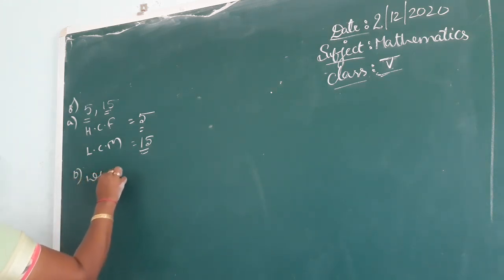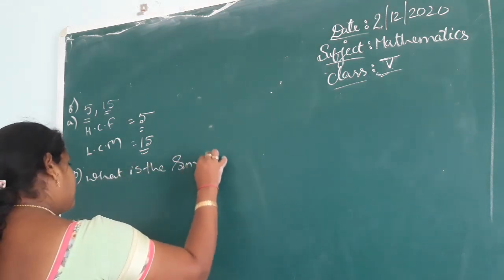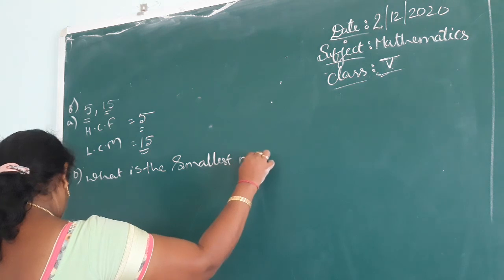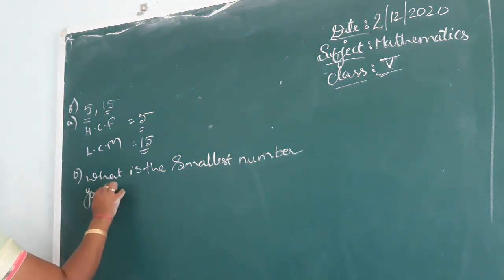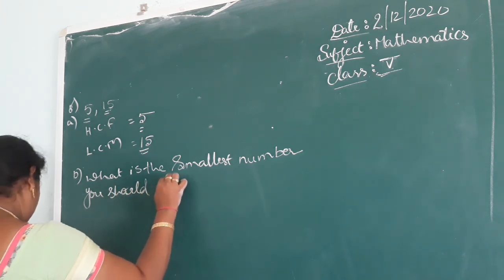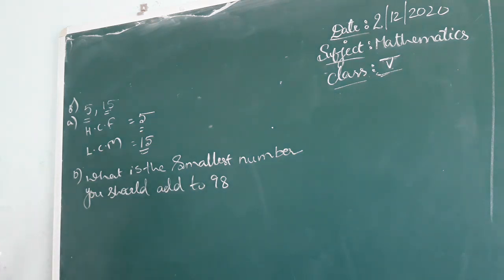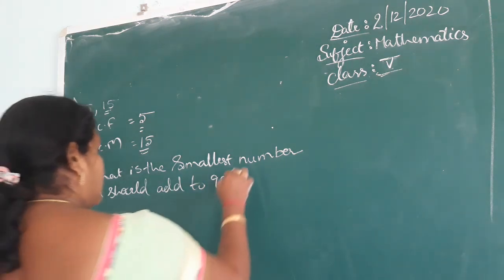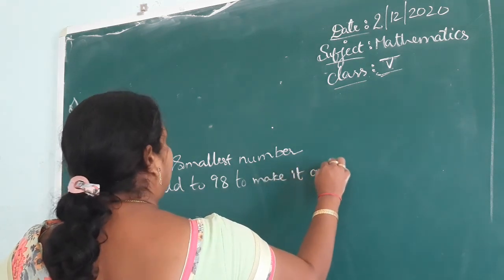Next, what is the smallest number you should add to 98 to make it a multiple of 5?